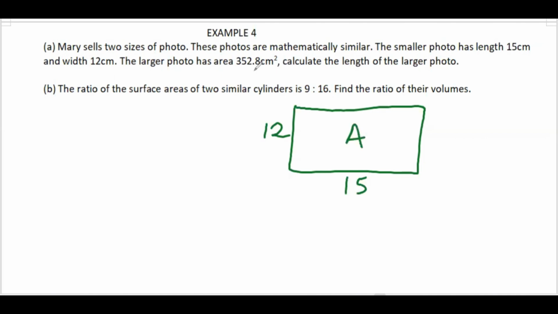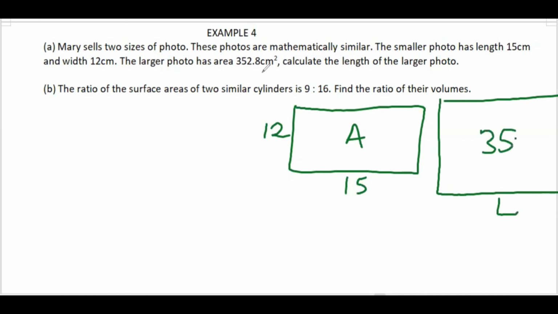And the larger photo, the area we know, but we have to find its length. Its length is what we want to find, but we are given its area as 352.8.